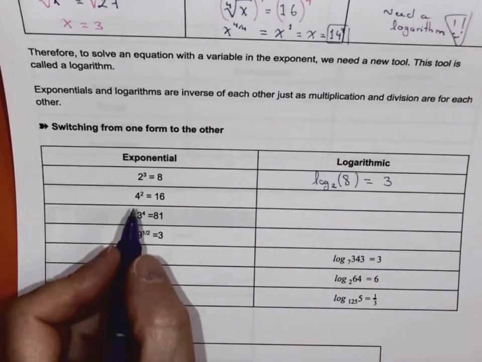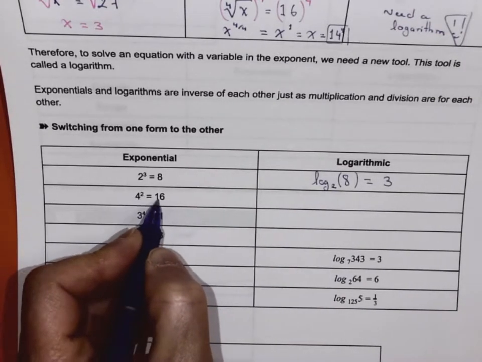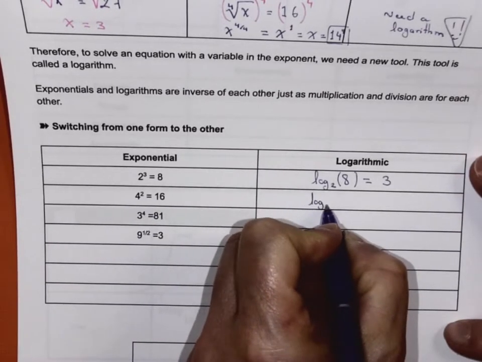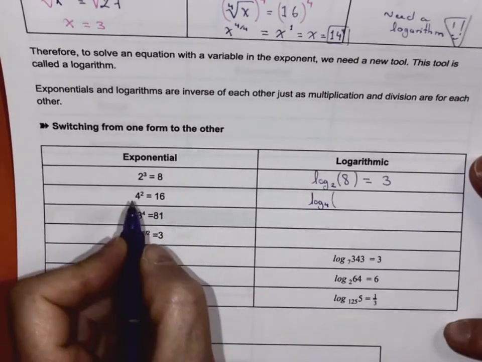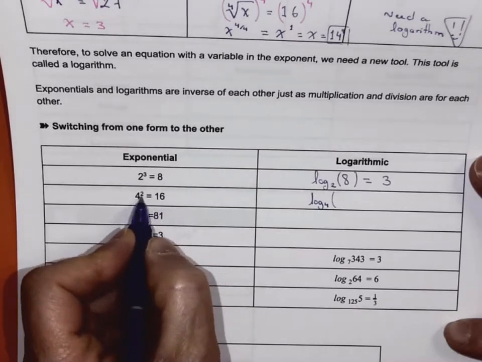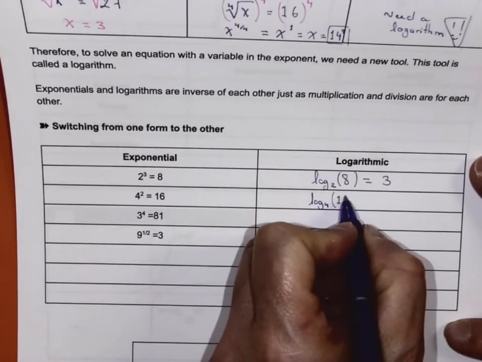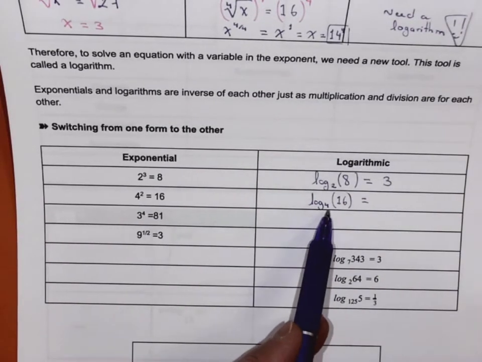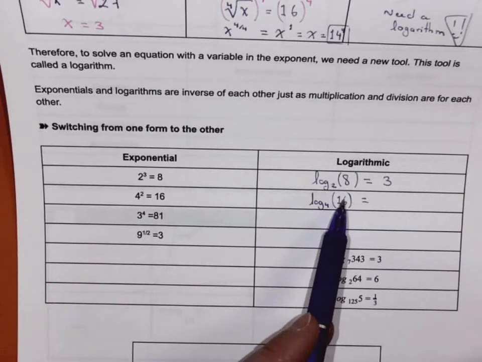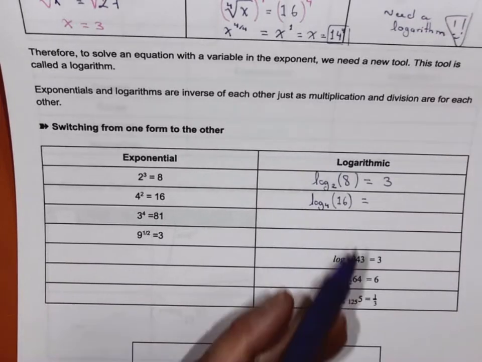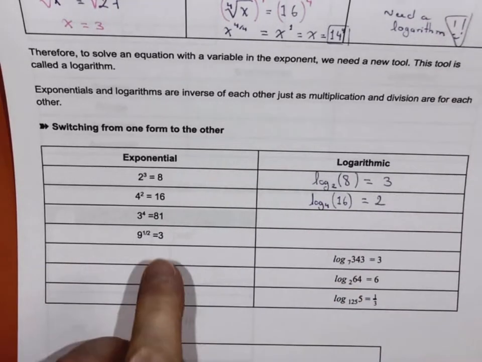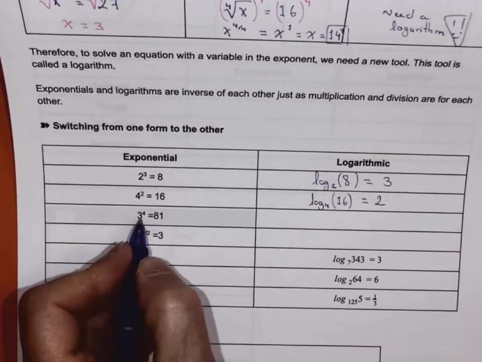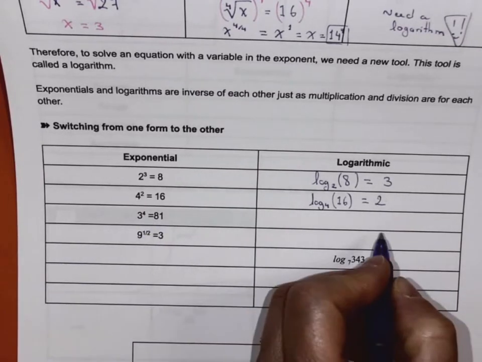All right, so let's look at this one. 4 squared equals 16. Same thing, we're going to have a log base 4 of what the exponential is equal to, so 16, and again, the question is 4 to what power gives me 16? And we know that will be 2, and that will match what we have up here, right? Okay. 3 to the fourth equals 81 in a logarithmic form is log base 3 of 81 equals 4.